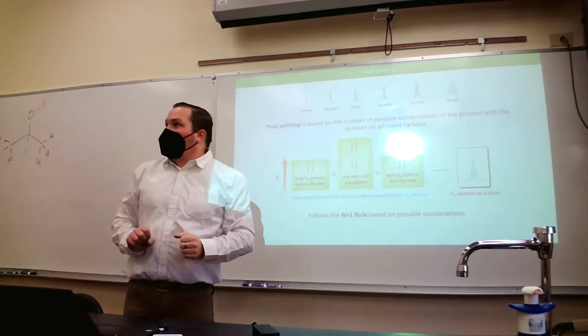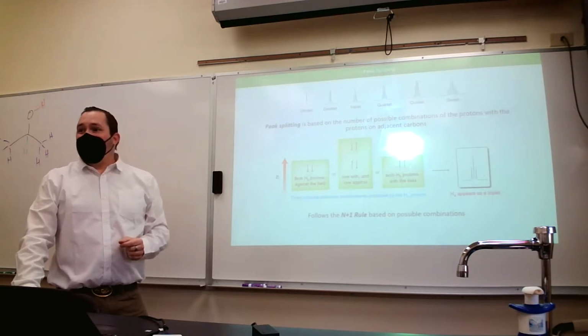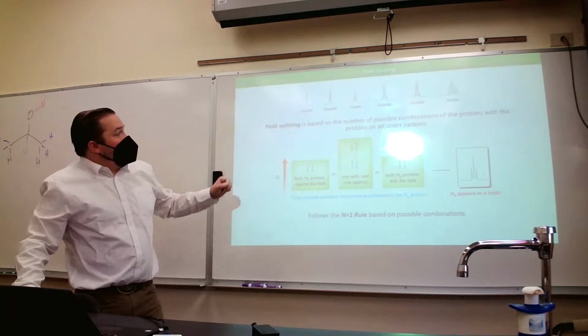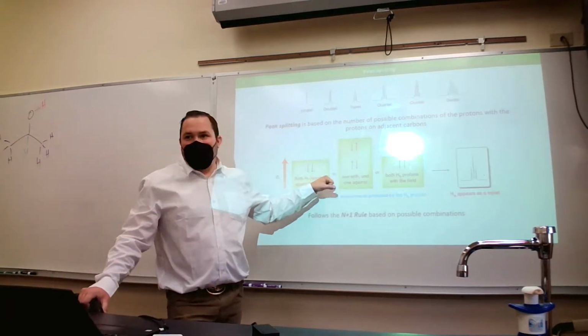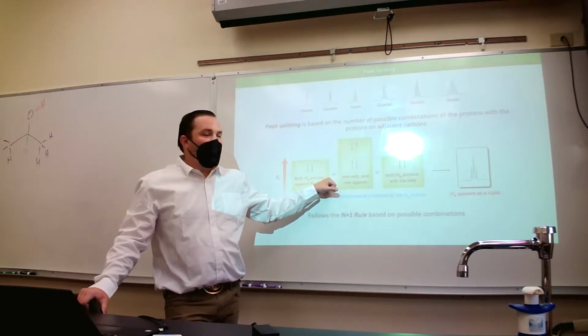All right, so with 4 minutes left, let's talk about the trickiest part, which is peak splitting. Peak splitting is based on the number of possible ways that you can get the signals to line up.